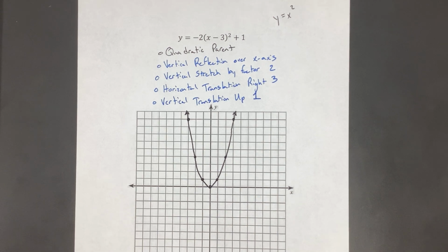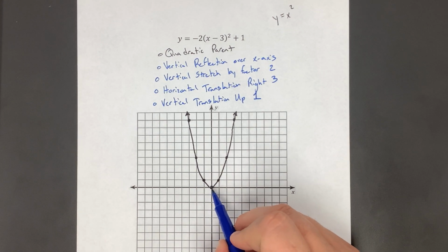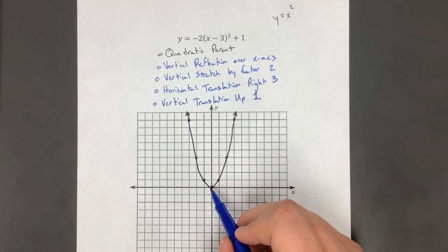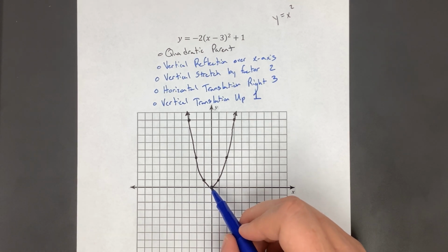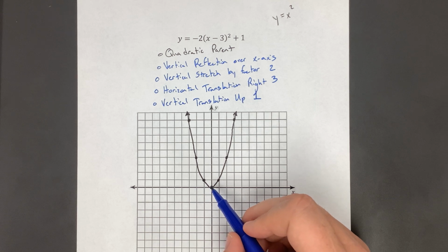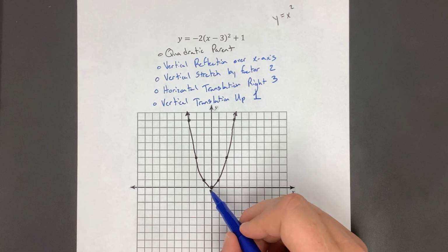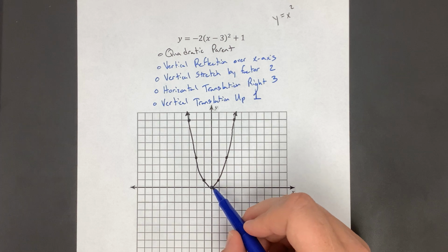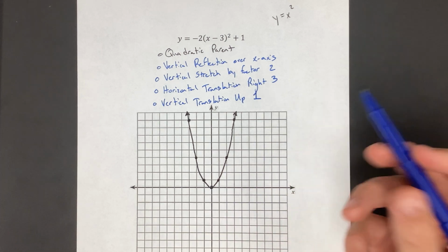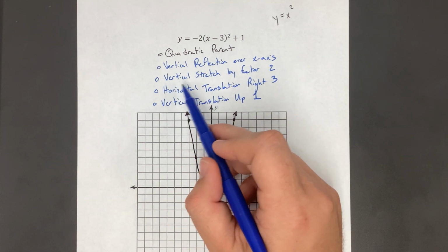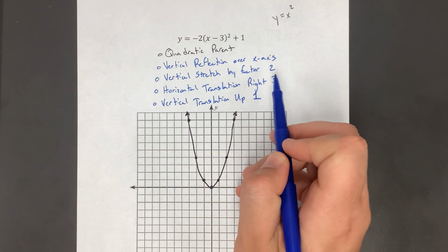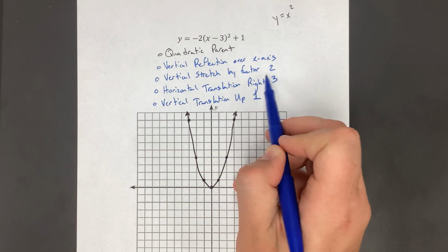So what I always like to start with is the vertex of our parent function, because if we're at 0, 0, this point is not going to be affected by any reflections or stretches or compressions. Because if we take this point and we reflect it over the x-axis, it's going to stay at 0, 0. When we vertically stretch or compress, really we are going to multiply that y value by whatever we're stretching or compressing it by.